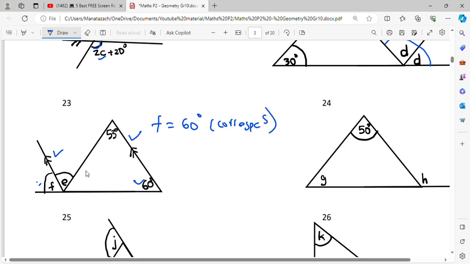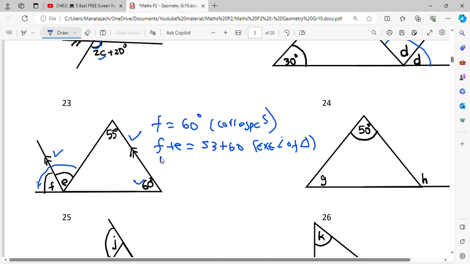And then another thing that you must notice is this is the exterior angle. So F plus E must give you 53 plus 60. The reason is the exterior angle of the triangle is equal to the two interior angles.